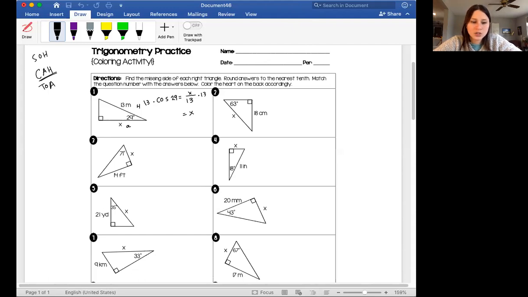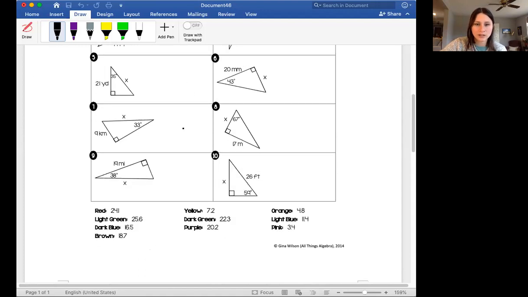And you're not doing the inverse, you're just multiplying that out. So I get like 0.8746, something like that, times 13. When I multiply that out, I get 11.37 as my answer. Rounded to the nearest tenth, this is 11.4.